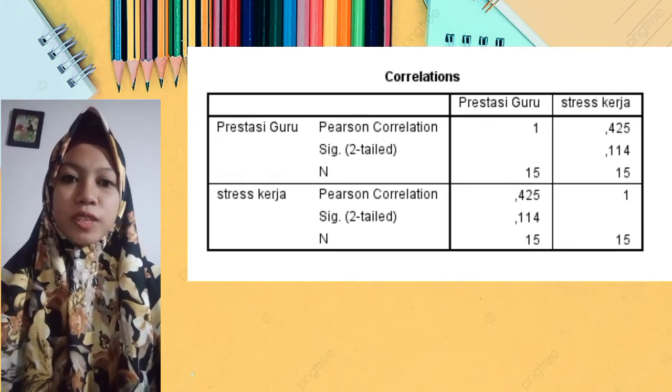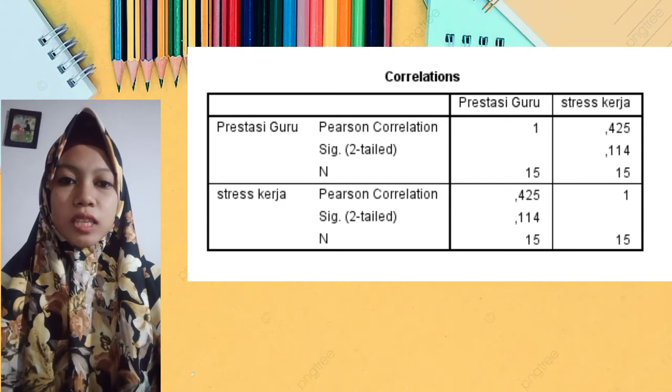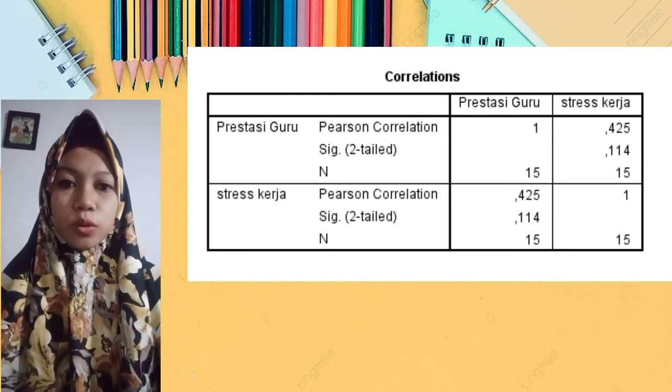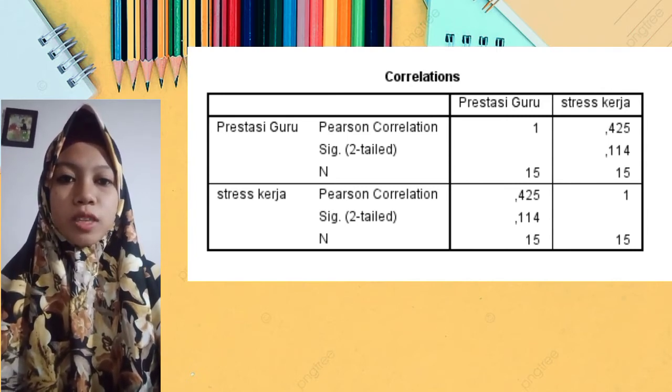In conclusion, the significance two-tailed of prestasi guru is 0,114, same as the significance two-tailed of stress kerja, that is 0,114.